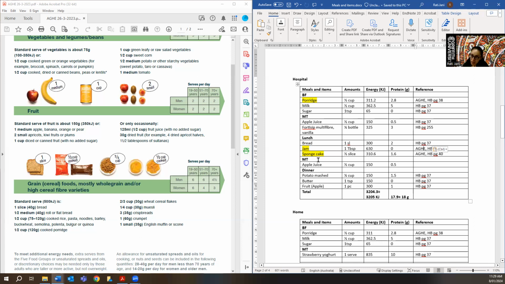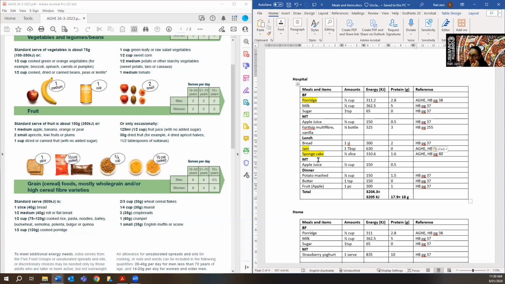To make life easy for you, your quick ready reckoner is a quick representation of your core food groups, all right? Plus, the only extras there are your fats, oils, and sugar. Otherwise, it represents your core food groups, which is your bread and cereals, fruit, vegetables, meat and alternatives, and dairy.